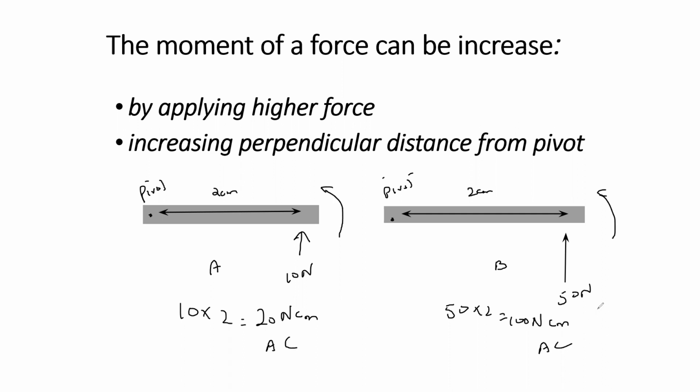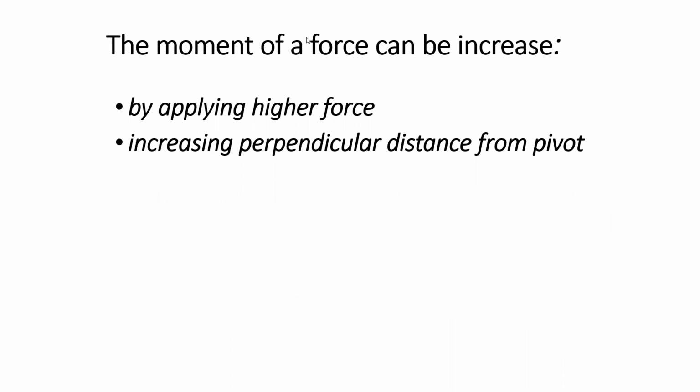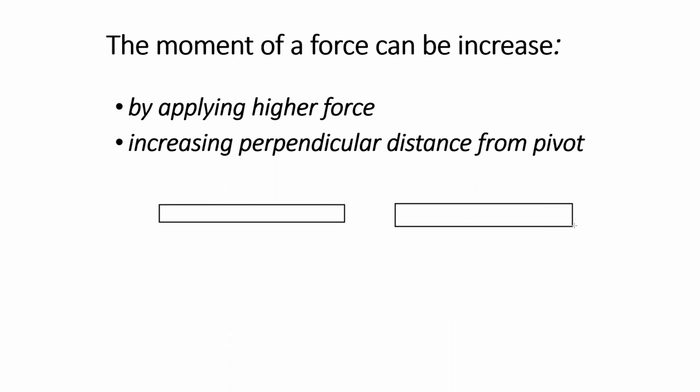So if we increase the force, the turning effect will also increase. It will have a greater turning effect. And if we increase the perpendicular distance, we are applying the same force, 10 Newton, but from a greater distance from the pivot.